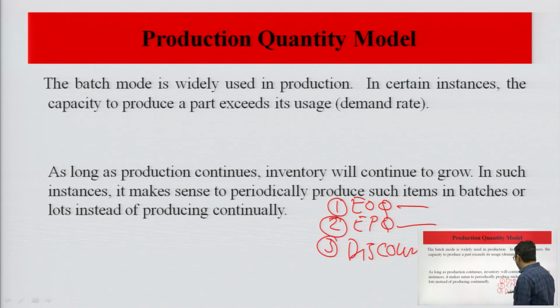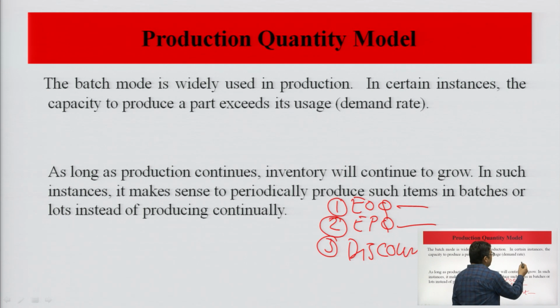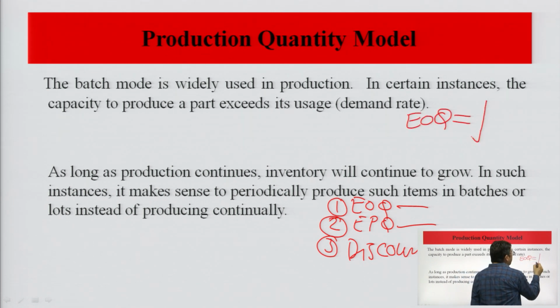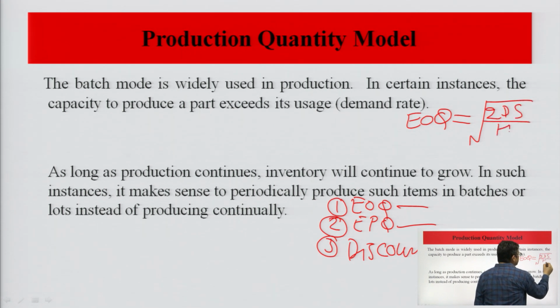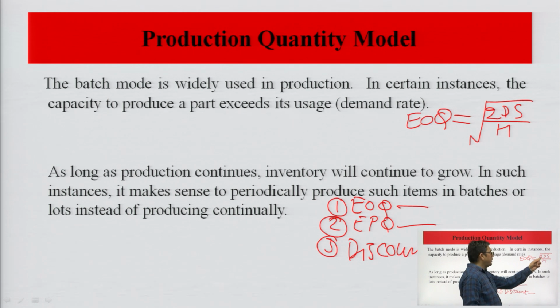So, this will be EOQ, and EOQ can be calculated as the square root of 2DS upon H, where D is annual demand, S is setup cost or ordering cost, and H is holding cost. This is how we can calculate it.